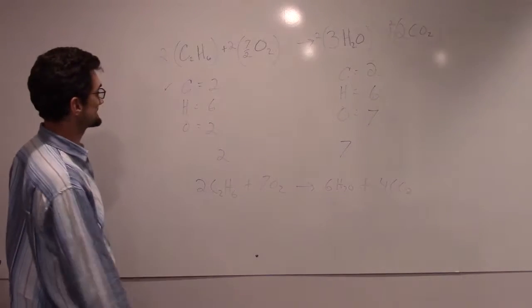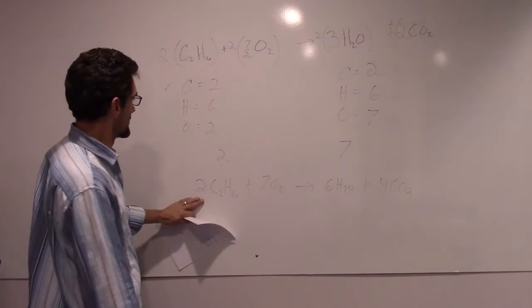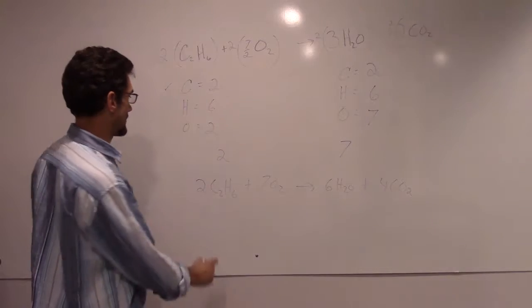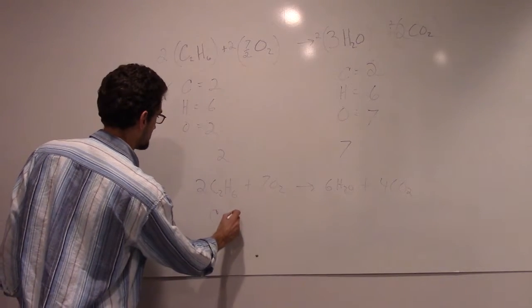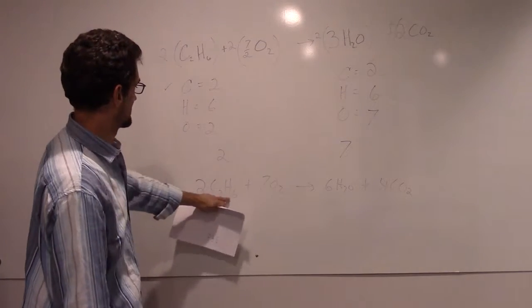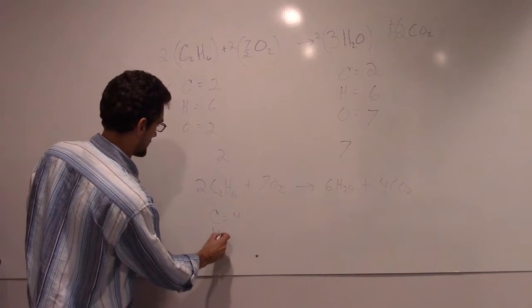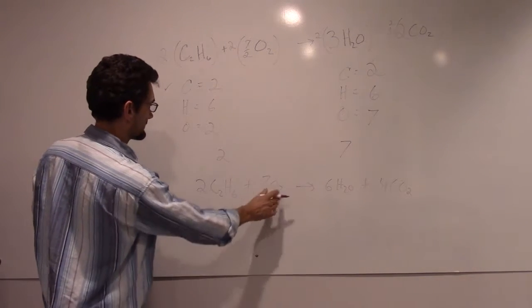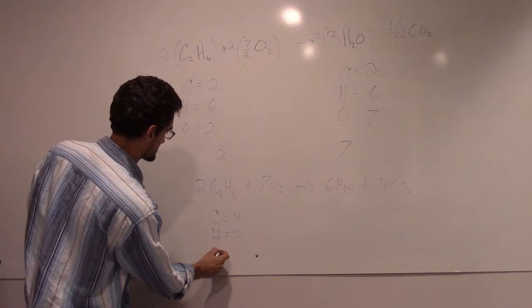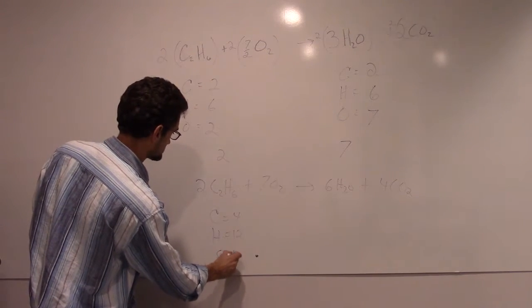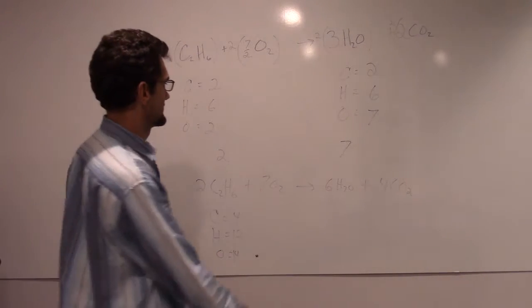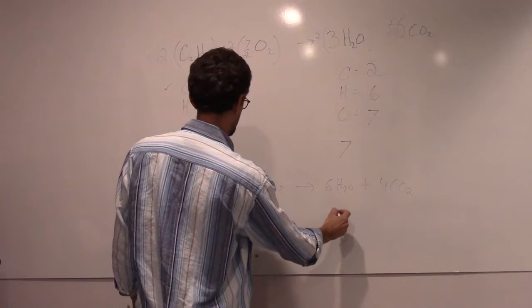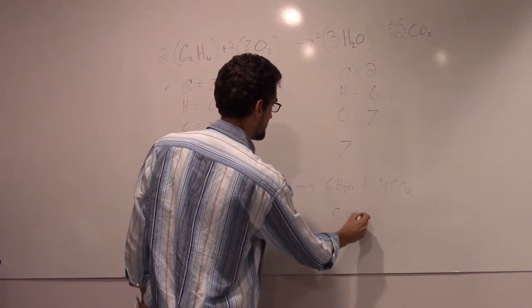Is it balanced now? Let's just see. Over here we've got 4 carbons, 12 hydrogens, and 14 oxygens. What do we got over here? We've got 4 carbons.